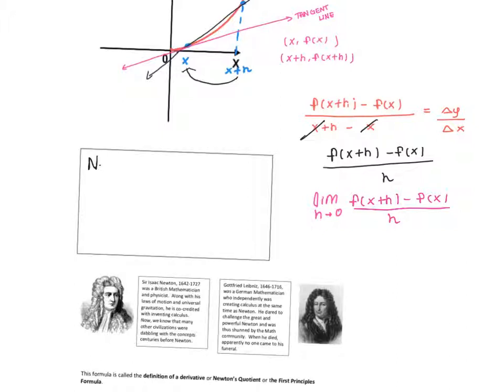So Newton's quotient is the limit as h approaches 0 of f of x plus h minus f of x over h.